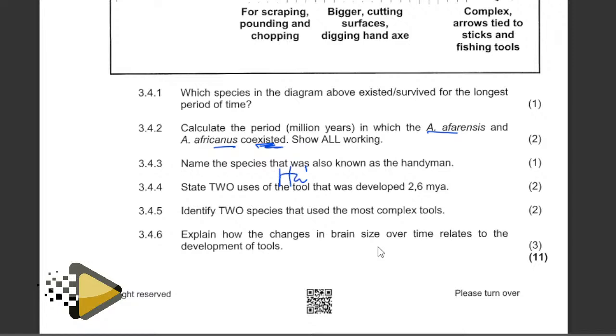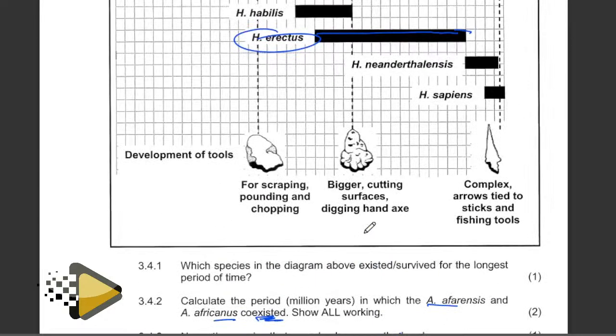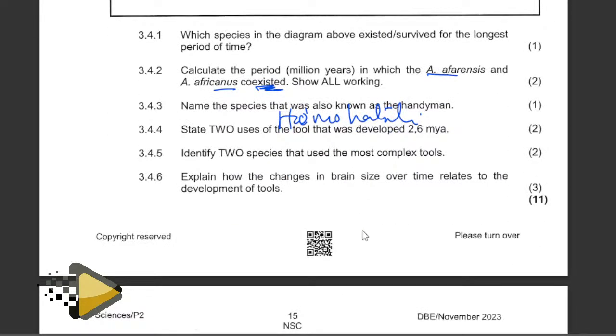Name the species that was also known as handyman. Homo, I told you this. Homo habilis. Remember when I was going through many schools trying to explain these skulls and stuff. I hope you guys got it right.